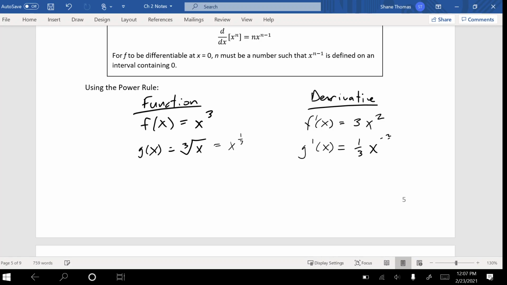There you go. Now what's the problem here? Can't have negative exponents. You got to take it to the bottom, right? So we can just take the x to the bottom with that 3. So that's going to be 1/3 x to the 2/3 in the denominator. Same rule. Take the exponent, put it out front, subtract 1 from the exponent.